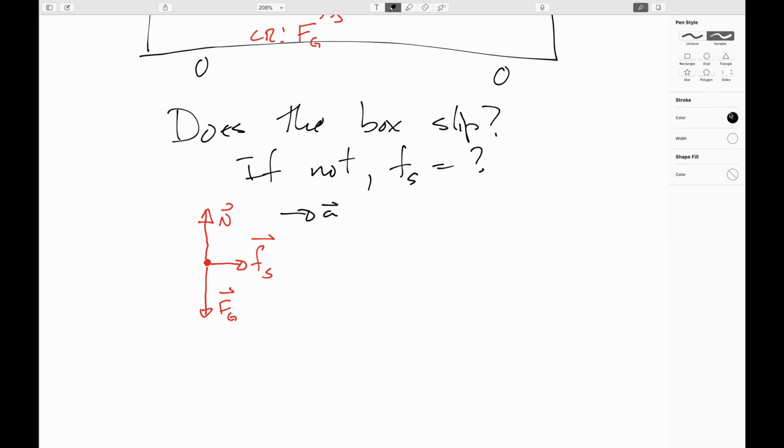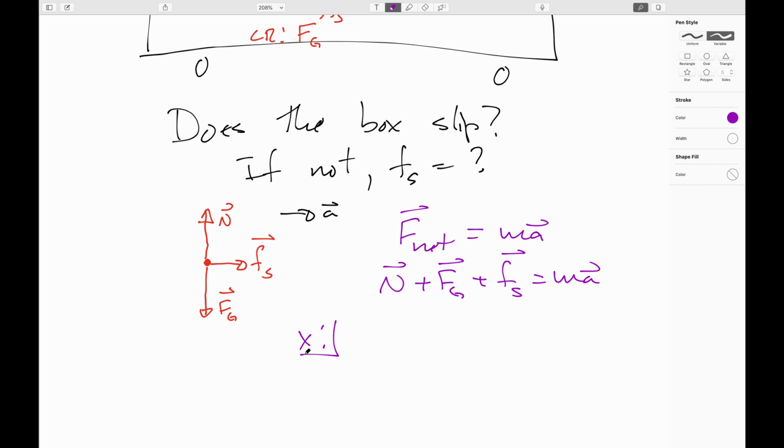So first off, we'll just start with F net equals ma. So we'll go ahead and add up all of our forces as vectors. So it'll be N plus Fg plus Fs equals ma. Now what we'll do is take the x and the y components of this.